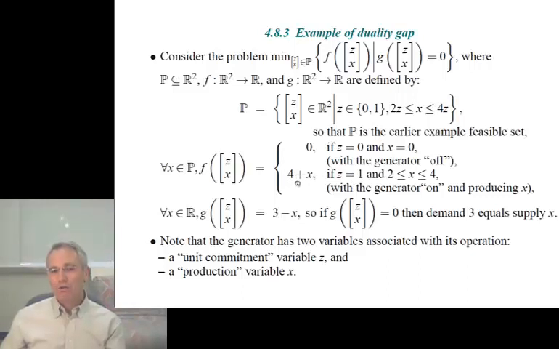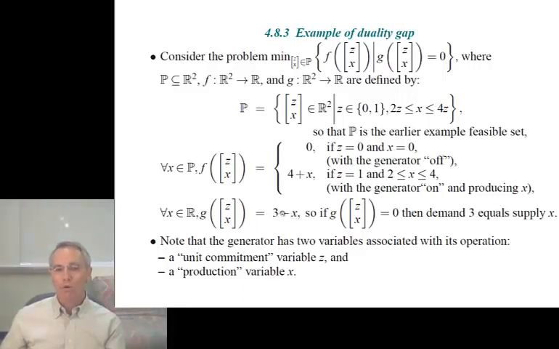4 we can think of as the intercept of the cost function extrapolated back to x equals 0. It's the no-load cost for my generator. It's the cost of running the auxiliary equipment. When I'm generating above 0, I incur additional costs, and that will vary with my production. My equality constraint is going to be 3 minus x is 0.